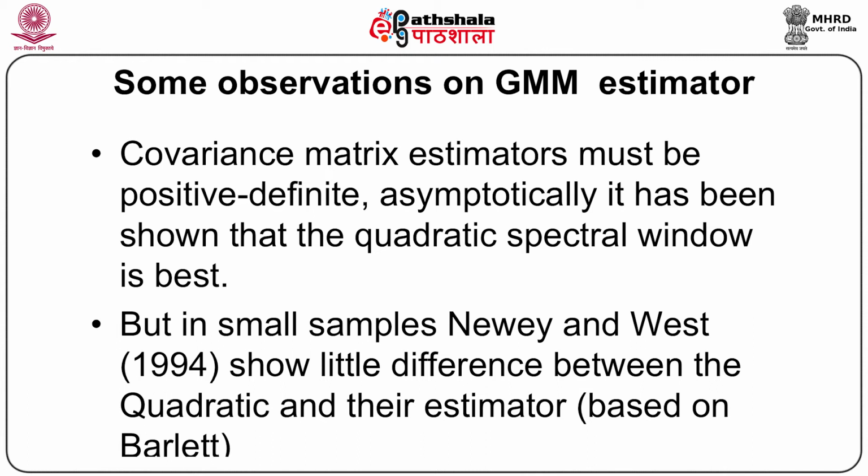The covariance matrix estimator must be positive definite, which is asymptotically true, and it has to be shown that the quadratic spectral window is the best. Secondly, in small samples, Newey and West 1994 show that there is little difference between the quadratic and their estimator based on Bartlett.